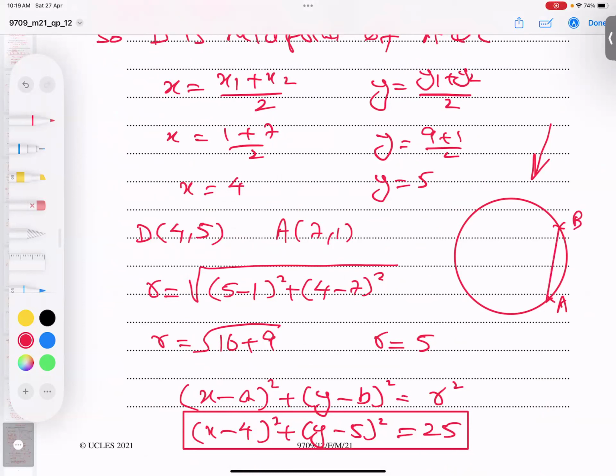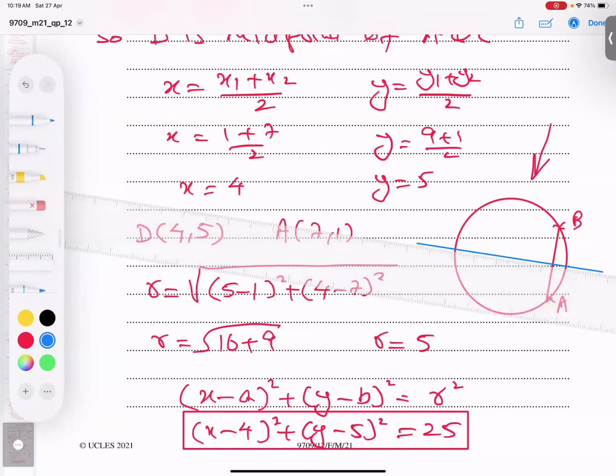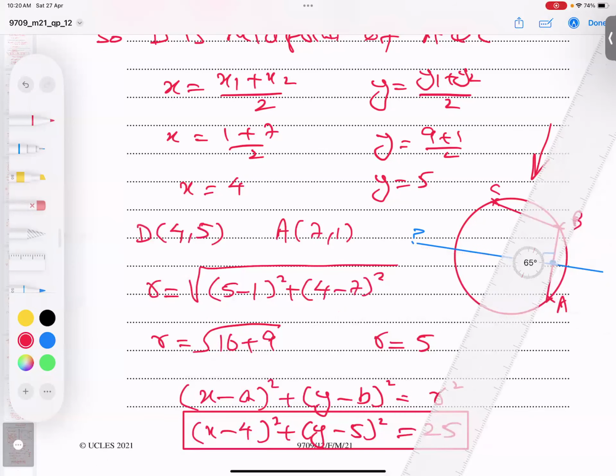It's called a chord. And I take a scale and draw a perpendicular bisector. This is called the first perpendicular bisector. This is the midpoint and 90 degrees, and you know how to find it. And this is a second chord, students, with the second point C here. Take a scale, and I'm showing you this is the second perpendicular bisector. I'm drawing it in black color.